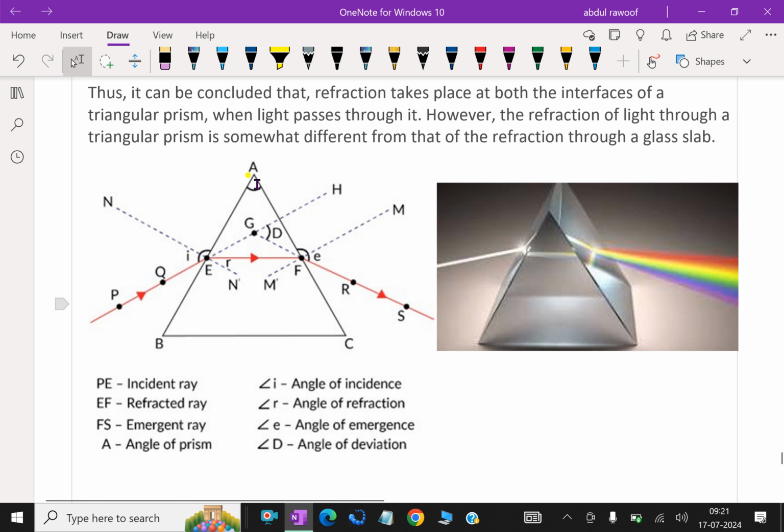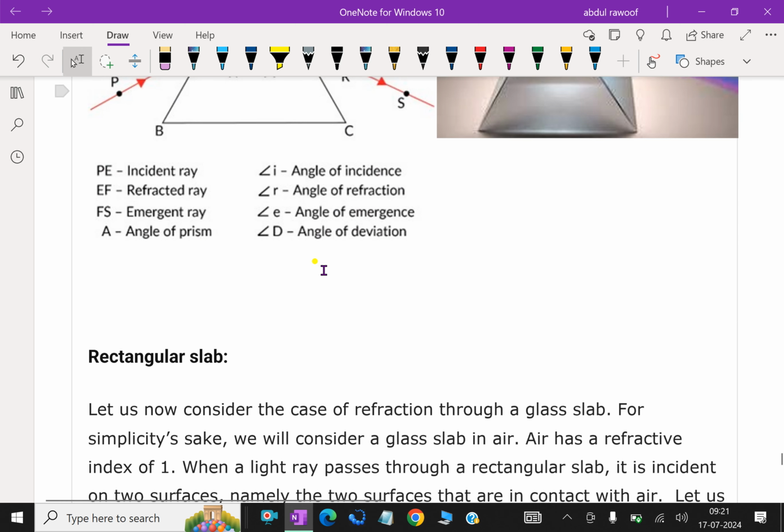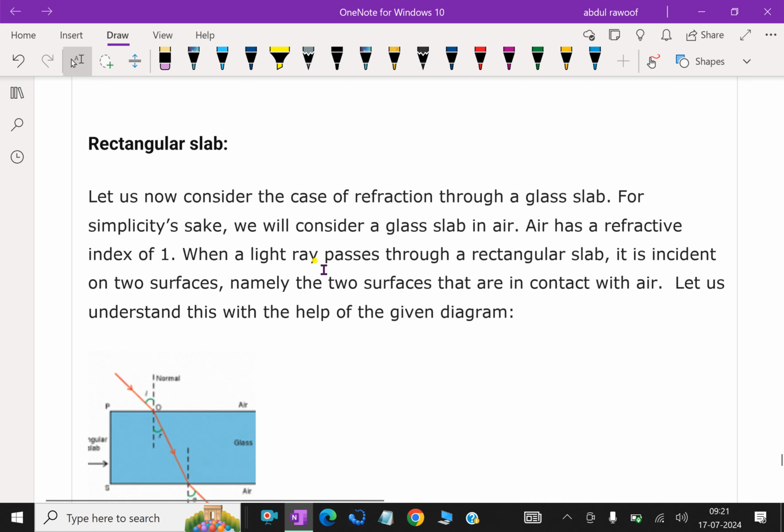A is the angle of prism here, angle I is the angle of incident, angle R is the angle of refraction, angle E is equal to the angle of emergence. D is the angle of deviation. This is the angle of deviation. This geometry, remember this. Now, what is a rectangular slab?